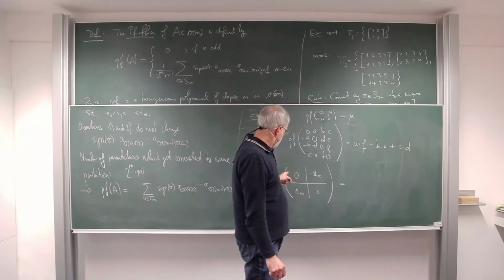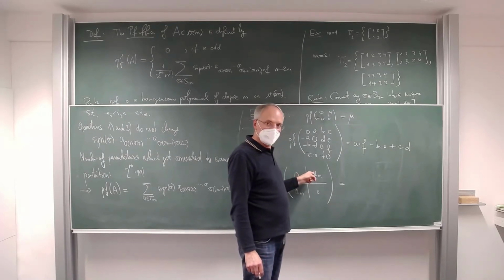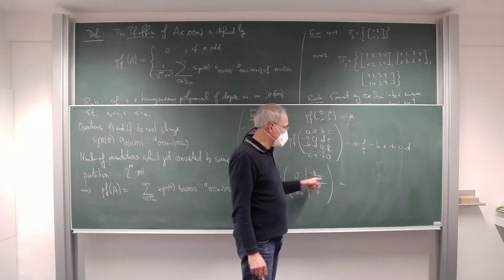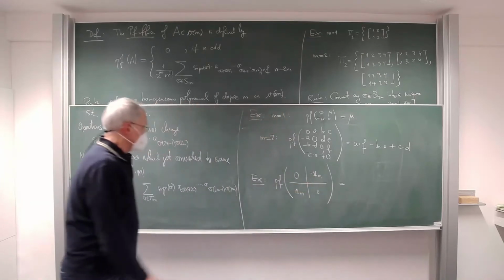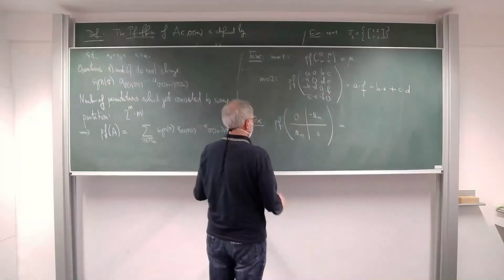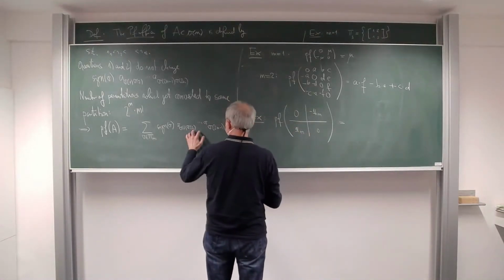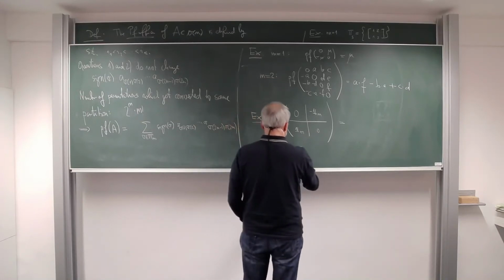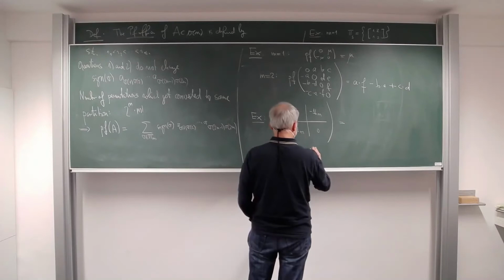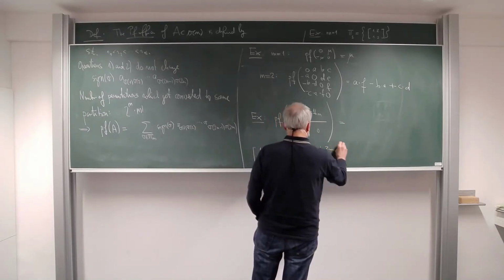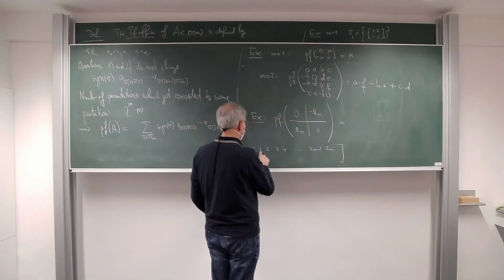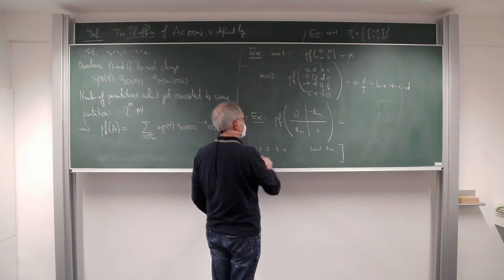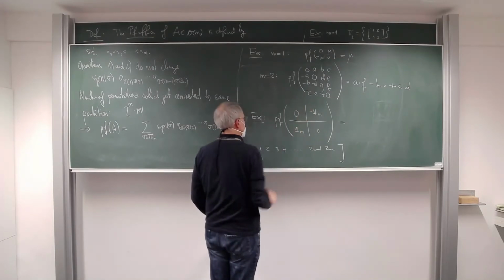Then we go to the second row, and there's only one term possible, namely the m plus second column, and so on. So the only option to get something non-zero here would be the following partition. In the first row, I have to take the m plus first column.